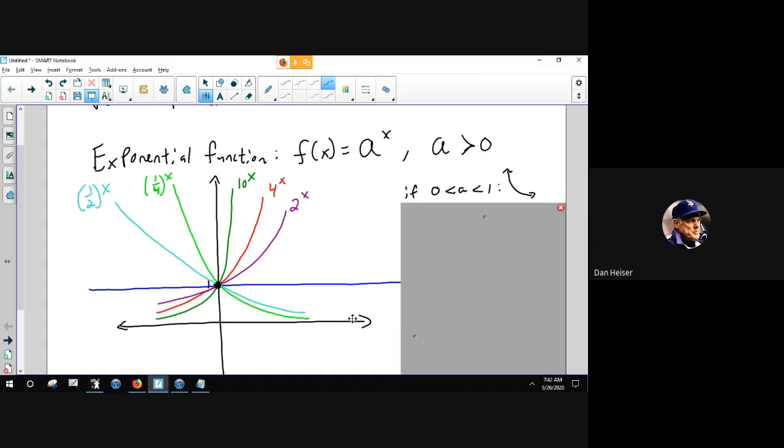That would be very, very close to 0. The most boring exponential function, 1 to the x, is just a horizontal line. It's also the line y equals 1. And then if a is anything greater than 1, we get this shape, an increasing function. The bigger x gets, the bigger the function value gets.